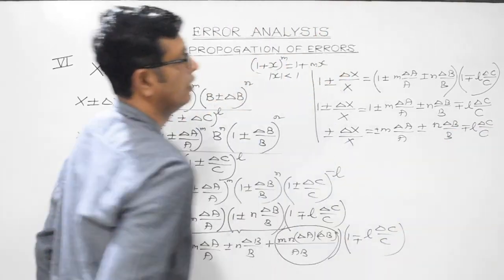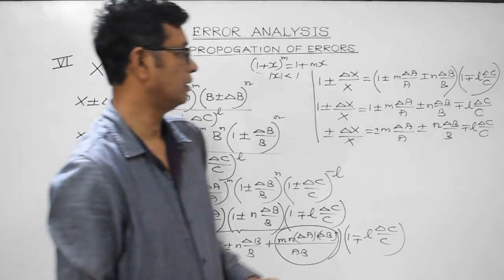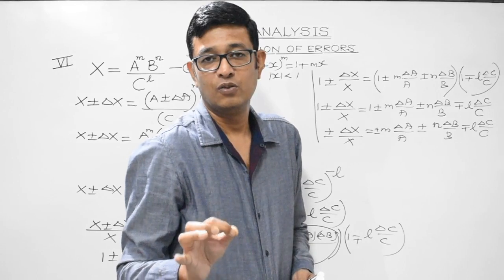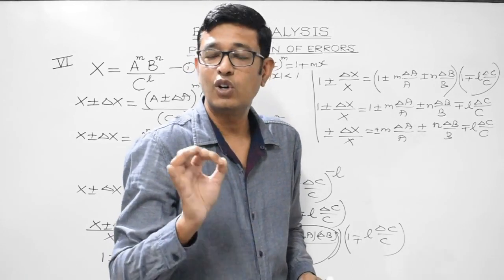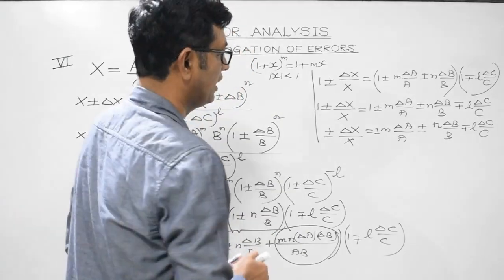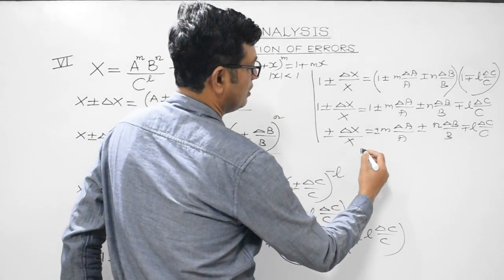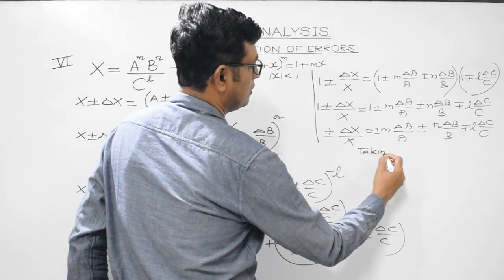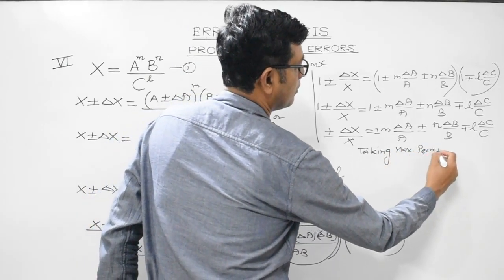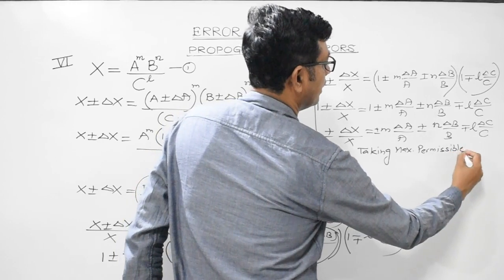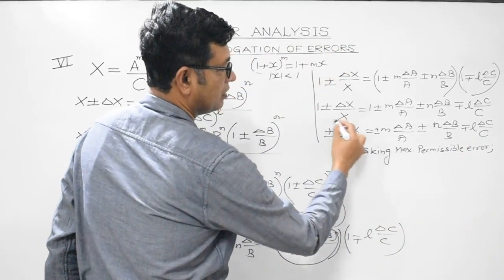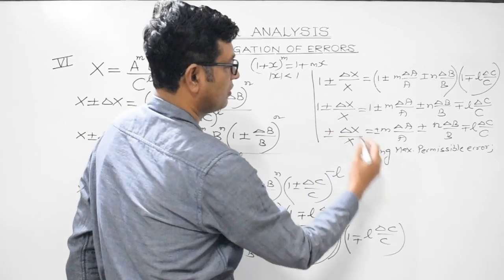Okay. Now as you remember, there are various combinations, right? But while dealing with errors, we always take maximum permissible error. So taking maximum permissible error, what we get is, this is the absolute error in x, right?